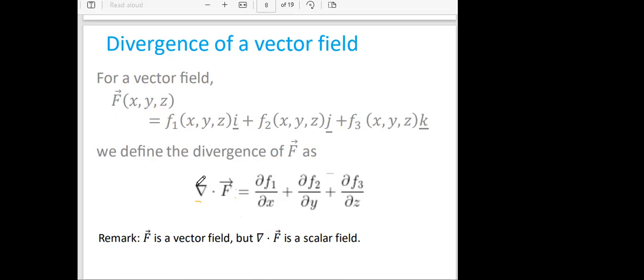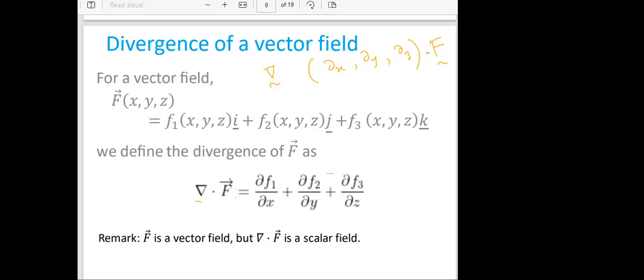You take the dot product of the gradient operator, which is partial with respect to x, partial with respect to y, partial with respect to z, with the vector field.